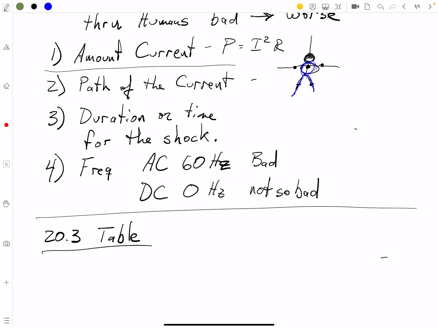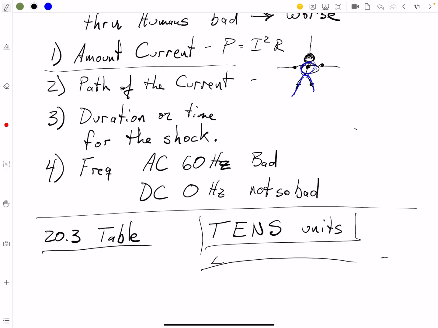Have you guys heard of a TENS unit? If you get into physical therapy, you'll know what I'm talking about. They put electrodes on your skin, you'd put an electrode here and an electrode here, and then it produces a current that makes contractions in your muscles.